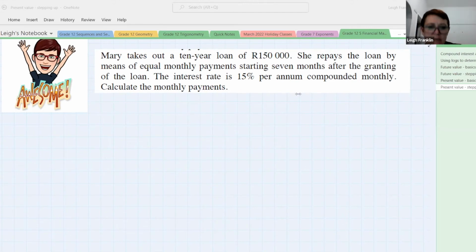Yes, Cassandra. So in other words, you're going to have to grow your loan. Like Kaiser was saying, it gains interest, and like Butle was saying, it gains interest. You are correct.